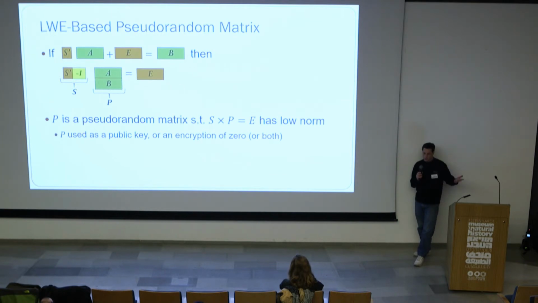B, you cannot distinguish it from random, so the entire matrix P is pseudorandom. On the other hand, if you multiply it by your S matrix, which is now S prime concatenated with the identity, then you get something very small. That's basically all we need for almost all LWE-based encryption schemes: you have a pseudorandom matrix such that if you multiply it by the secret key, you get something very small.